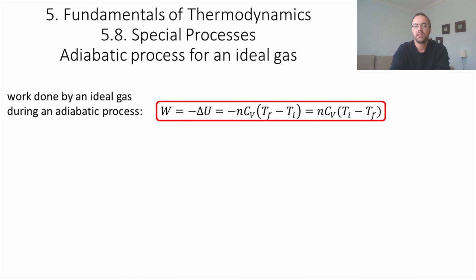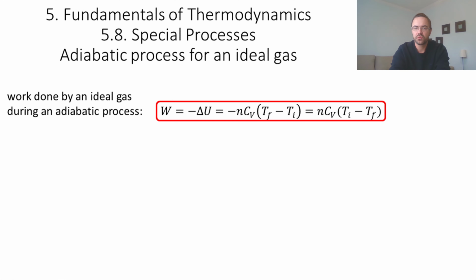And so the work is equal to nCV times T initial minus T final. And so again, here you see that for an expansion, the work done by the gas is positive, and T final will have to be colder than T initial. And for a compression, the work done by the gas is negative, and T final is warmer than T initial.